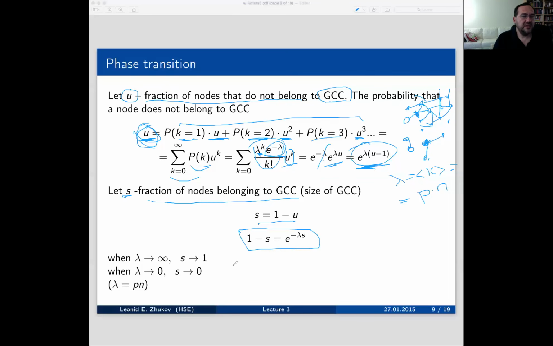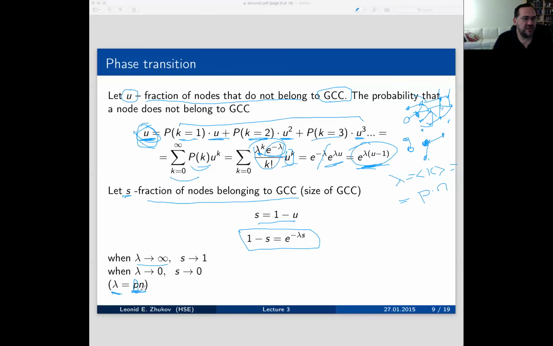Okay, let's see that this equation makes sense. What happens when lambda becomes very large? Lambda very large, so lambda goes to infinity. Lambda is p times n, which really means for lambda to go to infinity we need to increase the density.